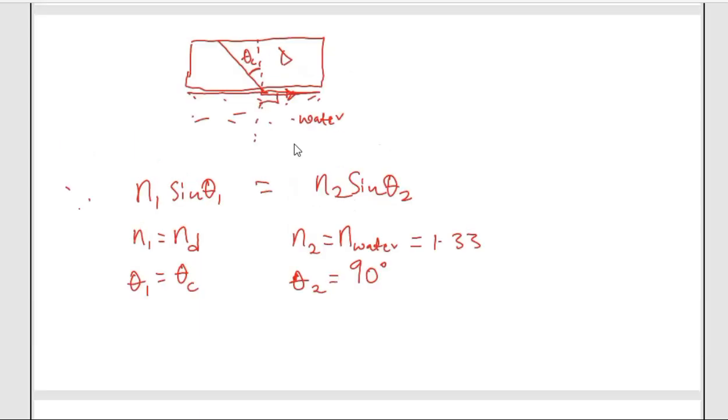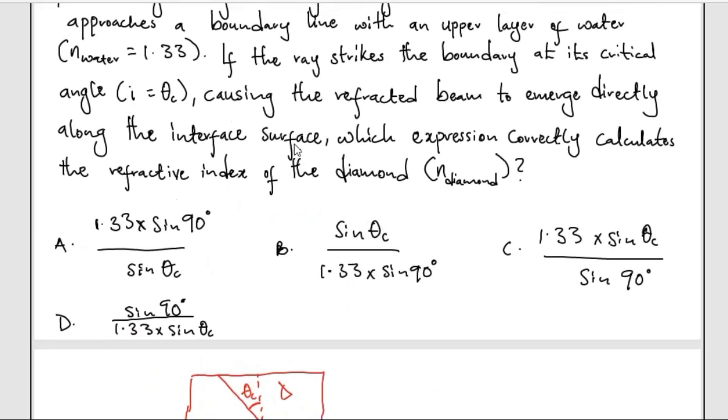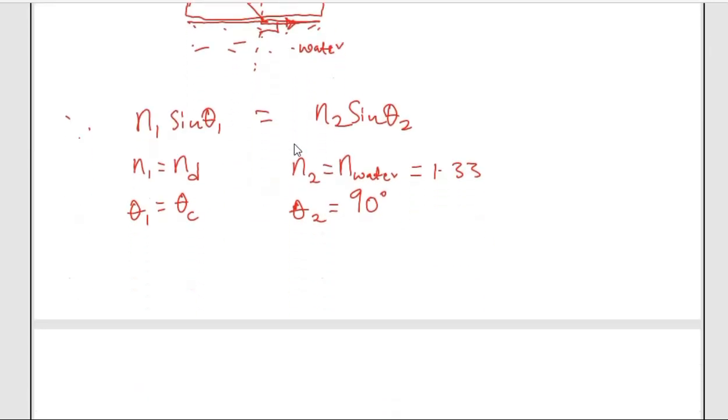it strikes the boundary at its critical angle, causing the refracted beam to emerge directly along the interface surface. So that wording tells us that the angle is 90 degrees. We are looking for the refractive index of diamond with respect to water.